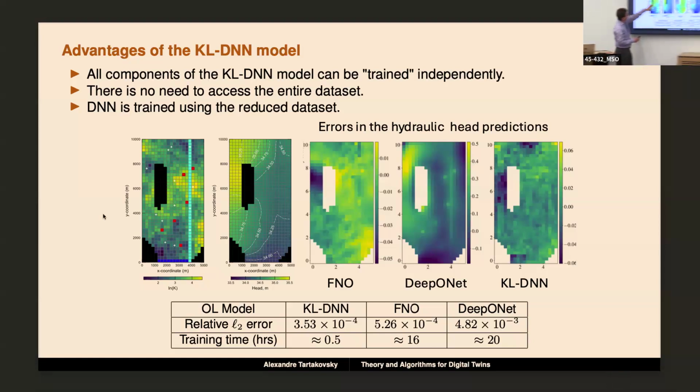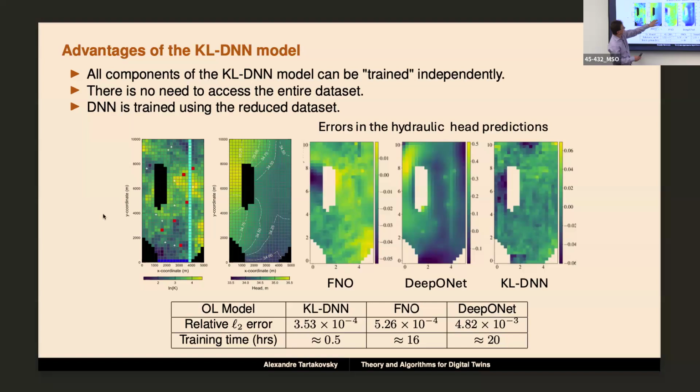There is a river running through the aquifer. There are some pumping wells. Also, this aquifer is unconfined, so the equations describing flow in this aquifer are nonlinear. There are some impermeable inclusions. This is one of the realizations of the conductivity. It's a log conductivity, so the variation in the conductivity and the property of the system is more than 4 orders of magnitude.